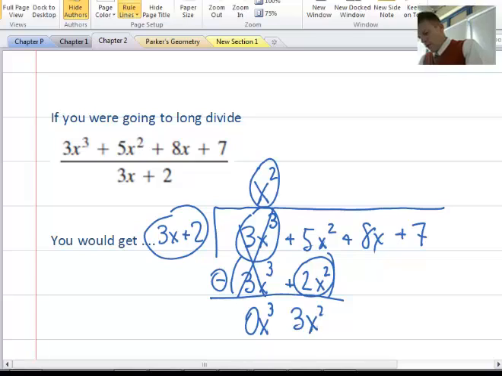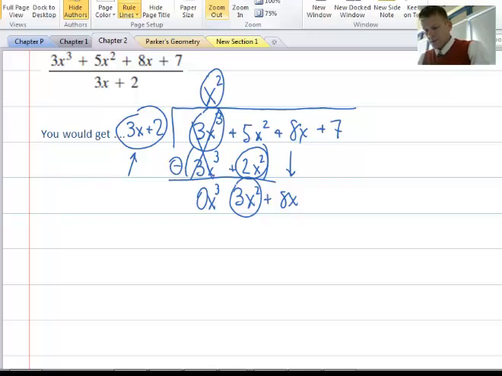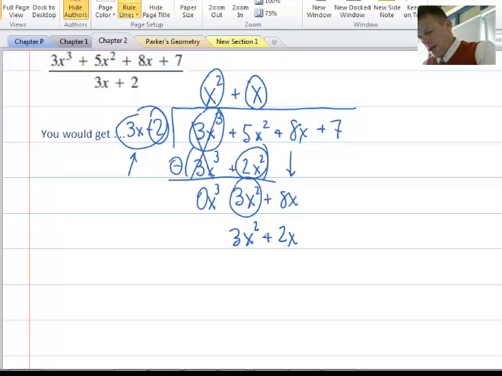So this will disappear. We have 0x cubed, but now we have 5x squared minus 2x squared, which gives us 3x squared. I bring down the 8x, and now I try to find a value that when I multiply 3x plus 2 by it, I match up with the leading term. So I'm going to put in plus just plain old x, and that will match me up with x squared, and then I do x by the 2, and I get plus 2x.